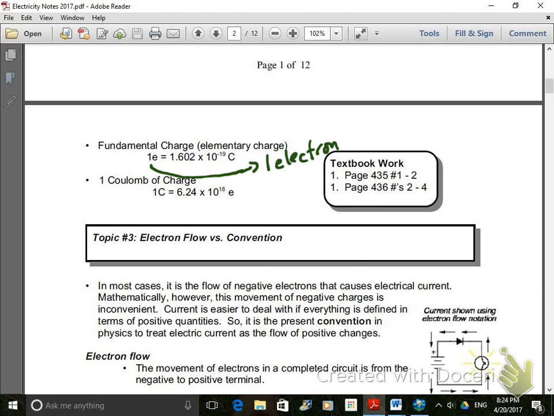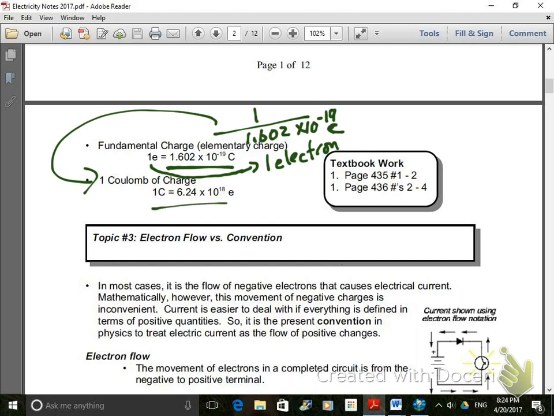And so we take this number, and we're going to go 1 divided by 1.602 times 10 to the negative 19 coulombs per electron. And that's going to find what 1 coulomb of charge is, which is what this number comes to. And this is the number we're always going to be looking at. And this is kind of like a set number.